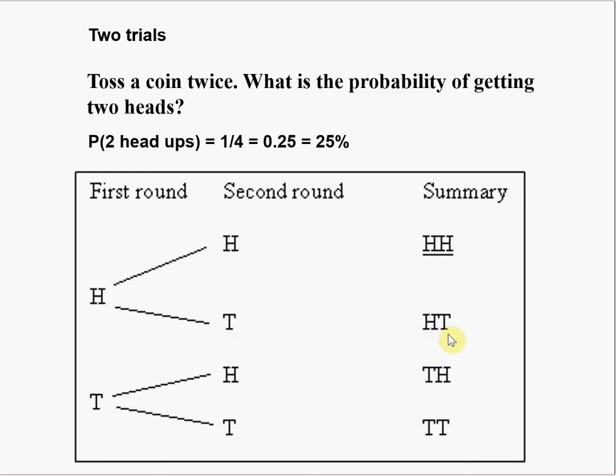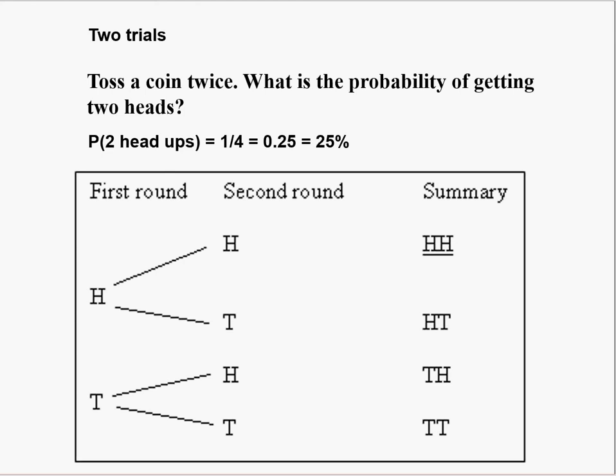Another possible outcome is that if you first get a tail and then a head, you would get tail and head. The last outcome is that you get a tail the first time and a tail the second time. So tail, tail. These are all the possible outcomes if you toss a coin twice. So this is the number that should go to the bottom.